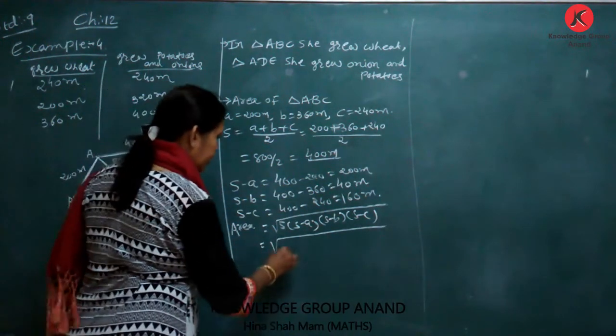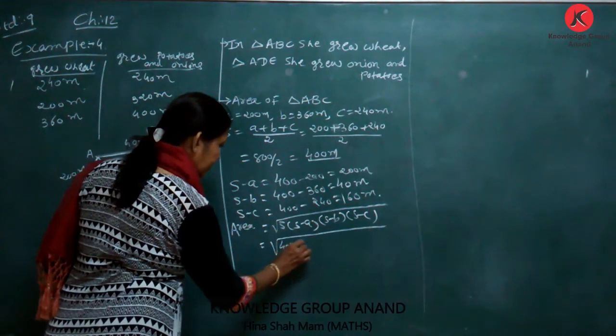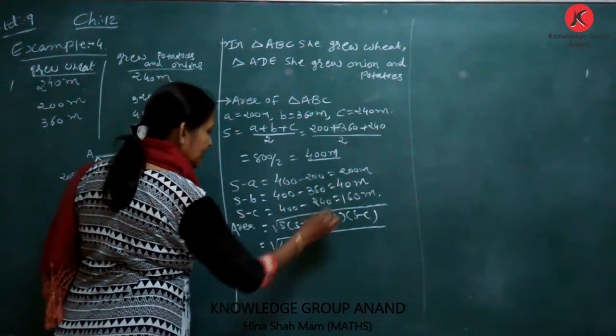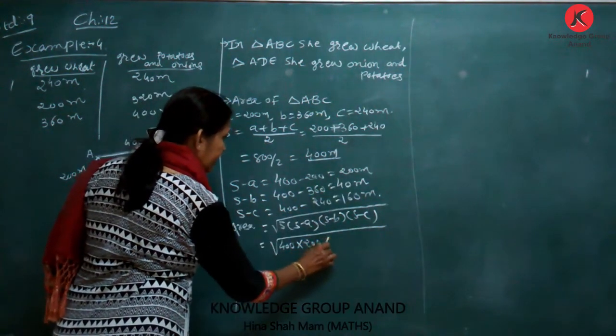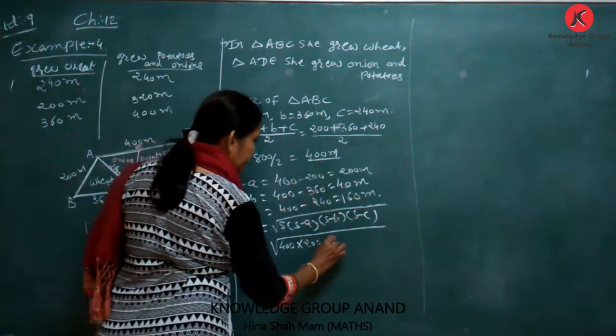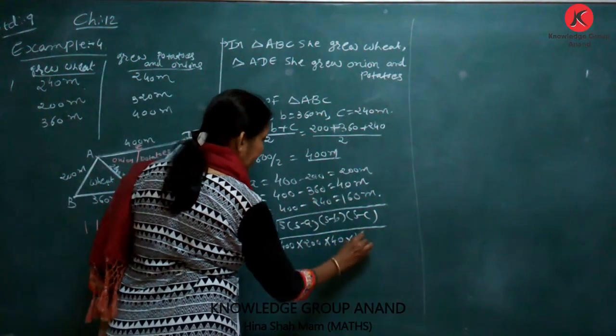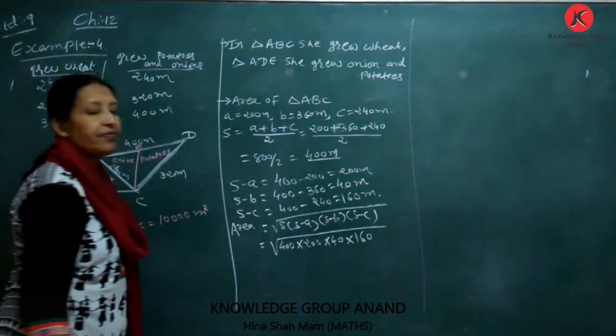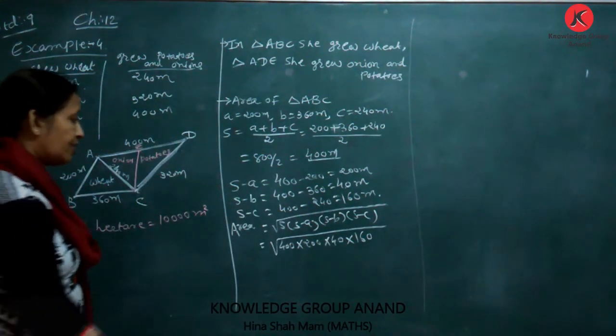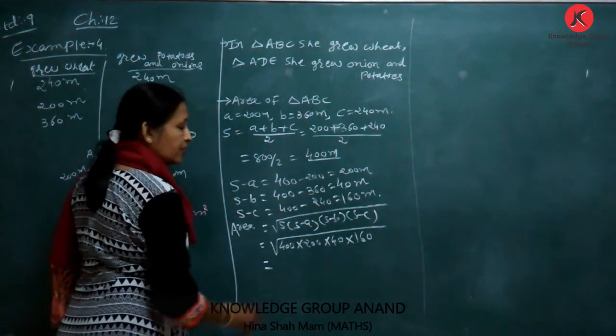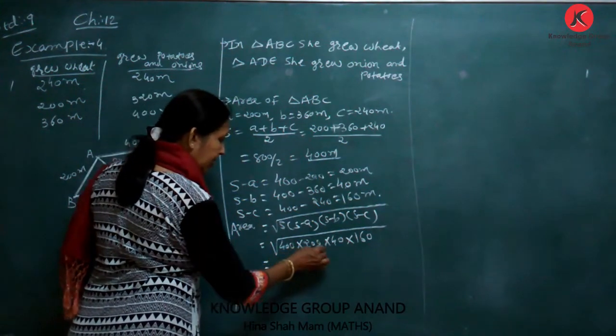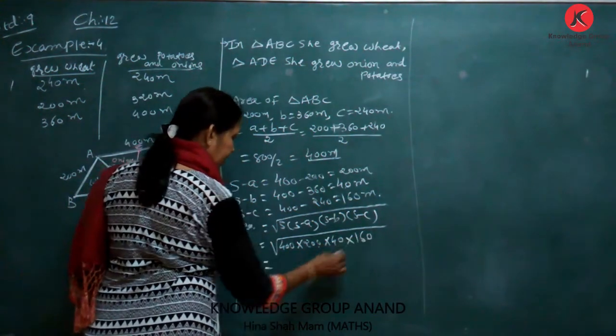Here 400 into s minus a 200, s minus b 40 and s minus c 160 meter equals 100.